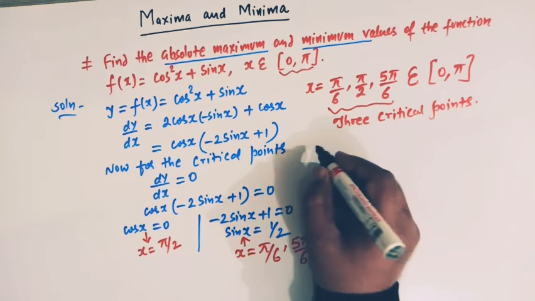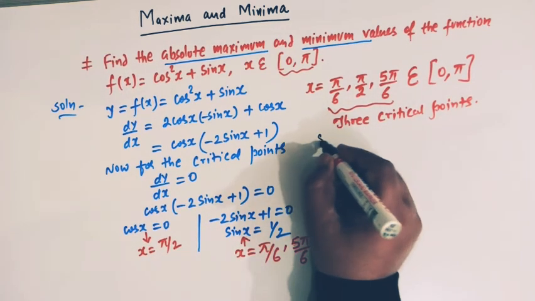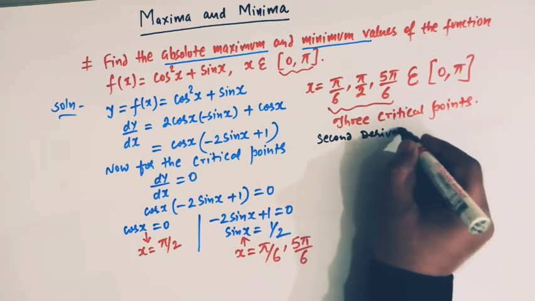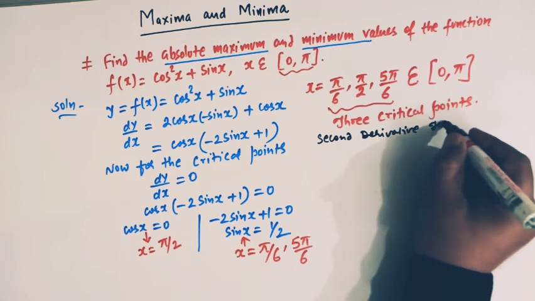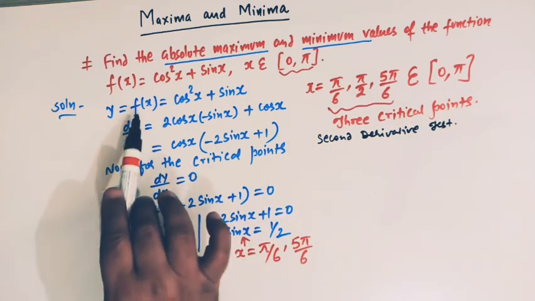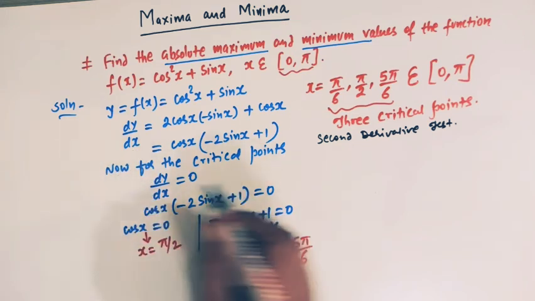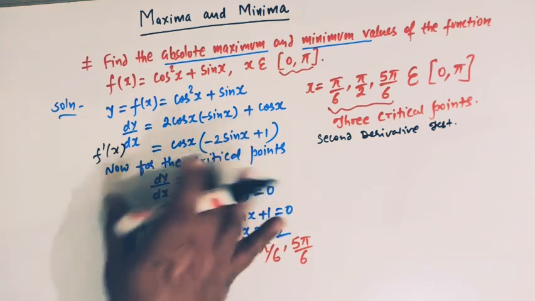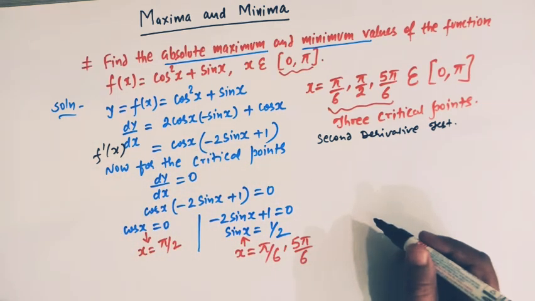Now here let us apply the second derivative test, and to apply this test we have to differentiate this function, that is f prime of x. It means we have to find out the second derivative.